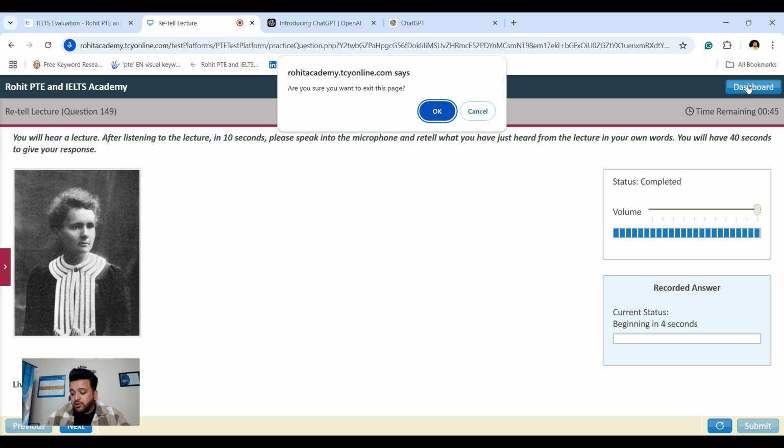So let me count mine. I have written around 14 to 15 keywords, and it starts from the Nobel Prize.